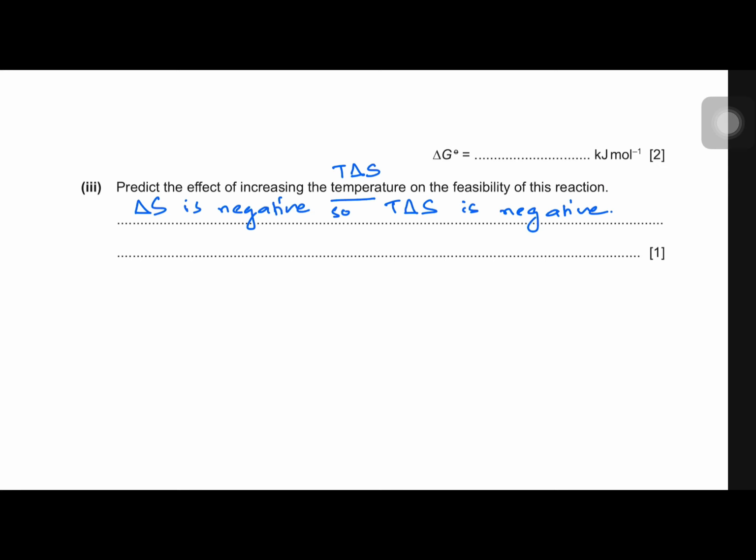If this part is clear to us, we should understand that if T delta S is negative, and because there's a minus in the equation, this value becomes more and more positive. So minus T delta S becomes positive. And if minus T delta S becomes positive, feasibility decreases.